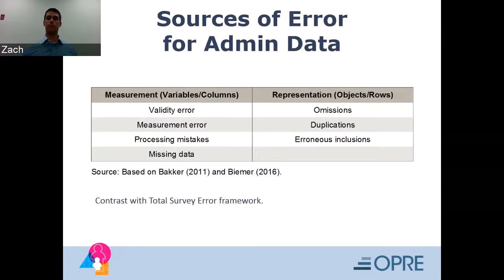There are some records that are omitted that should be in, so that's coverage or omission. There are some records that might be included twice, those would be duplications, and some records that are included wrongly. Again, those would be erroneous inclusions leading to overcoverage.